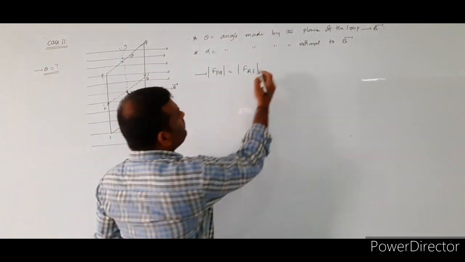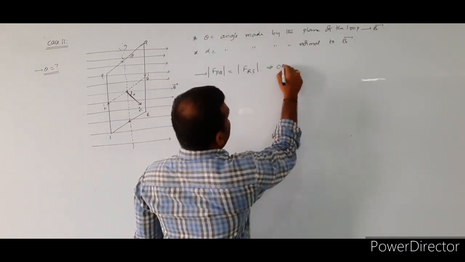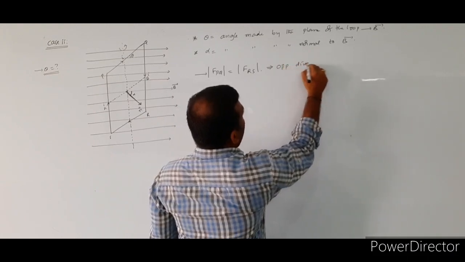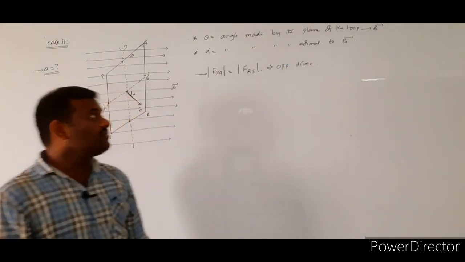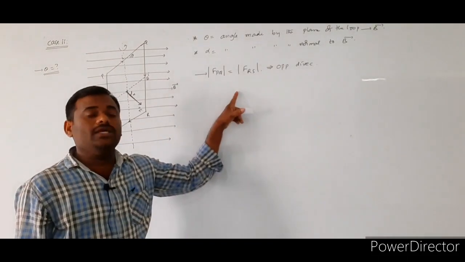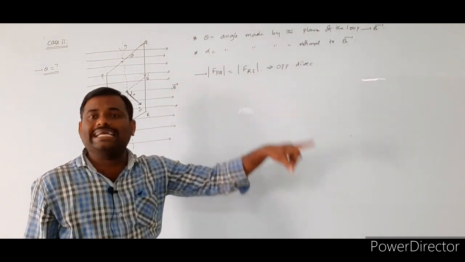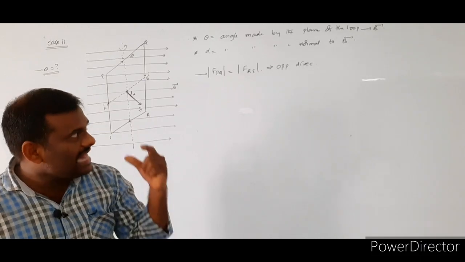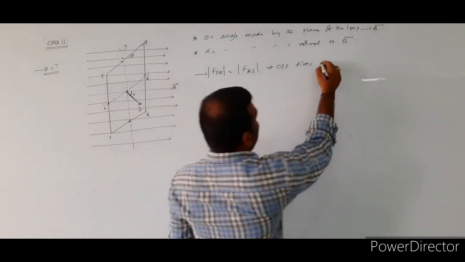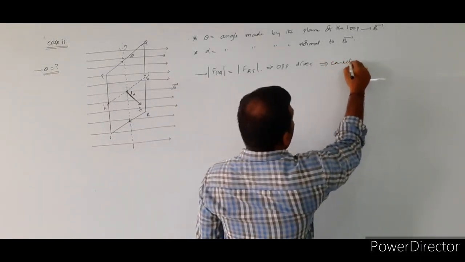But these forces act in opposite directions. Whatever the force experienced by the sides PQ and RS, they act in opposite directions. As a result, these two forces cancel out.